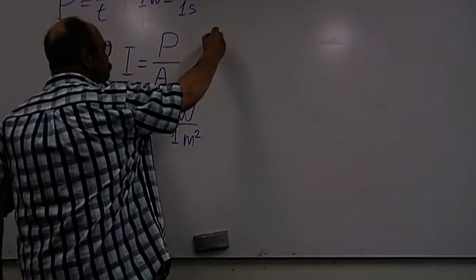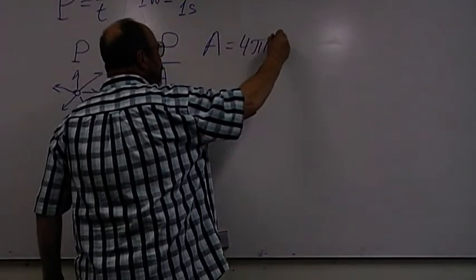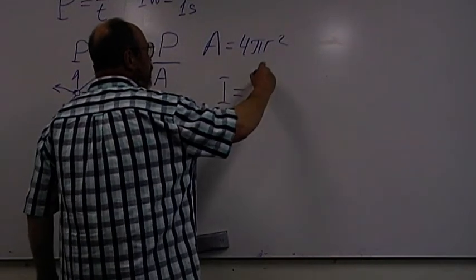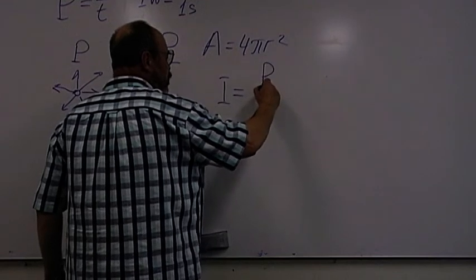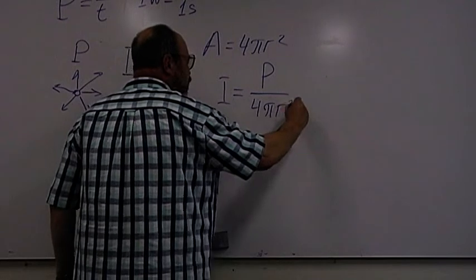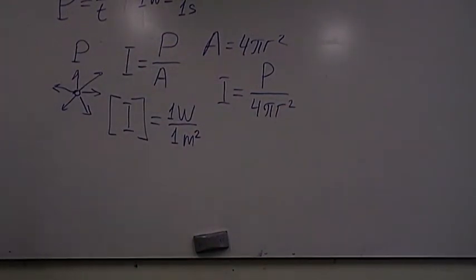So as area of a sphere equals 4 pi r squared, you have formula for intensity: I equals power of the sound source divided by 4 pi r squared, where r will be distance from the source of the sound to the point where we are observing sound.